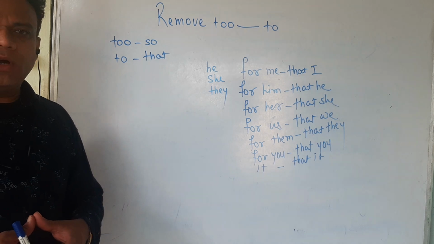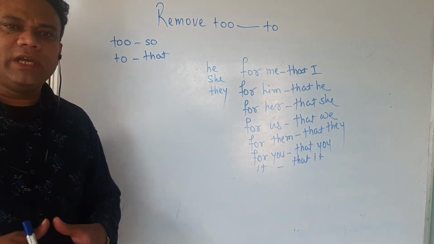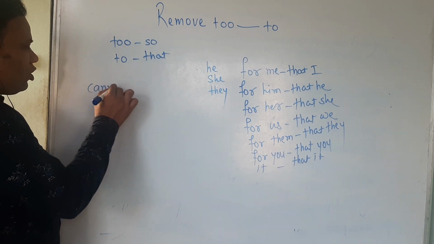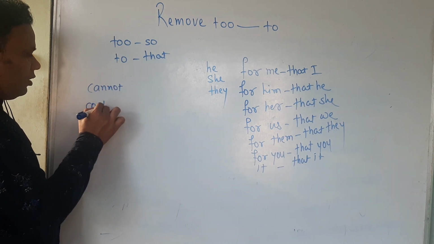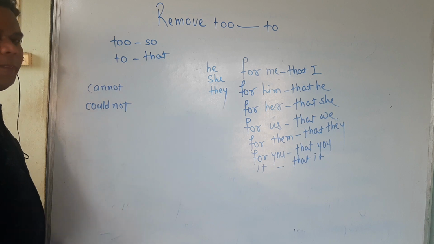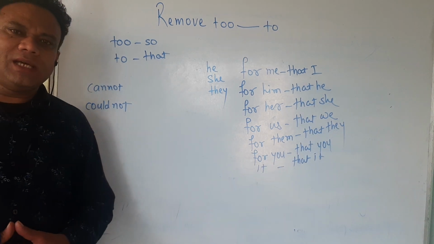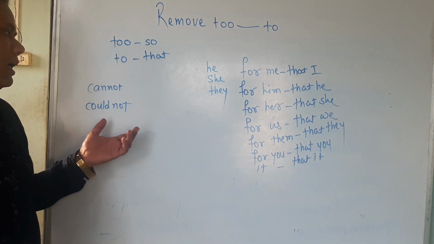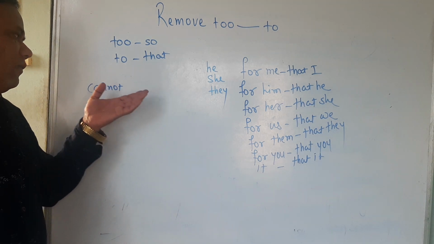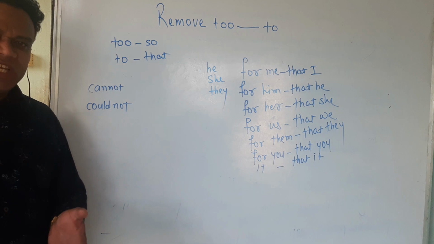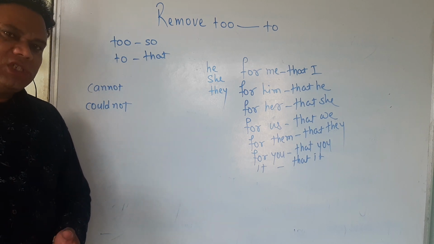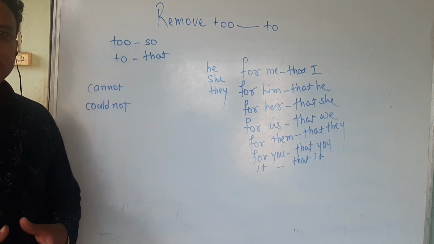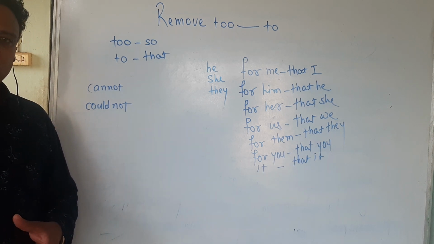So in this way, after using that, first of all we have to use the pronoun. After using the pronoun, according to the tense of the given sentence, we have to use either "cannot" or "could not". Now the question arises how to find out whether we have to use cannot or could not. The answer is very simple. If the given sentence belongs to the present tense, then we have to use cannot. And if it belongs to the past tense, then we have to use could not.